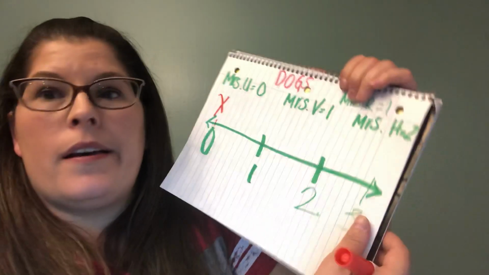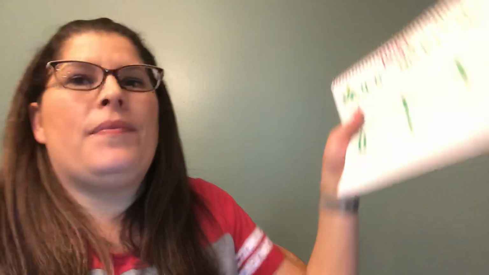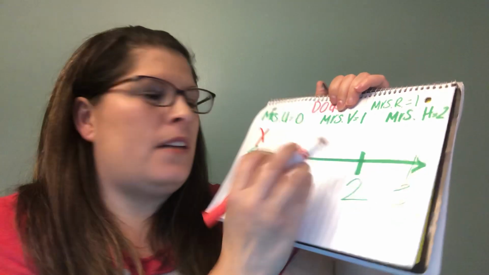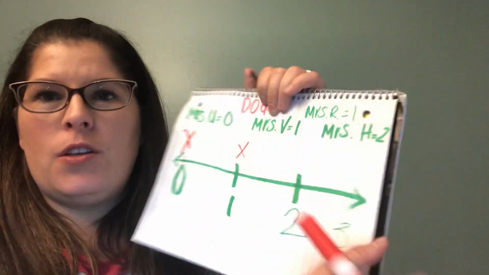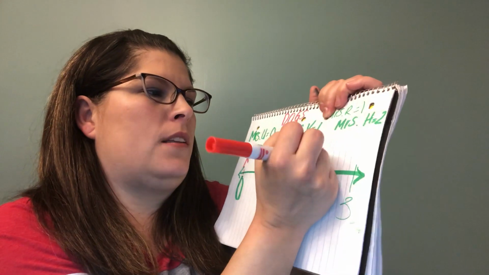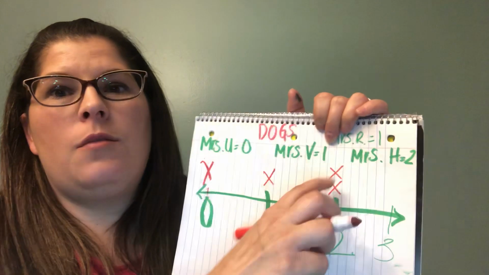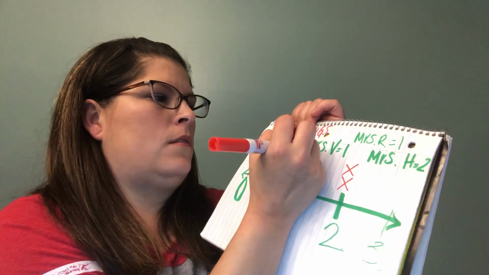Plus, it's 8 o'clock at night, and I've been doing this a while today. Okay, so Mrs. Visna has 1 dog, Toby. Mrs. Houston has 2 dogs, and they are cutie patooties. And Mrs. Robbins has 1 dog as well.